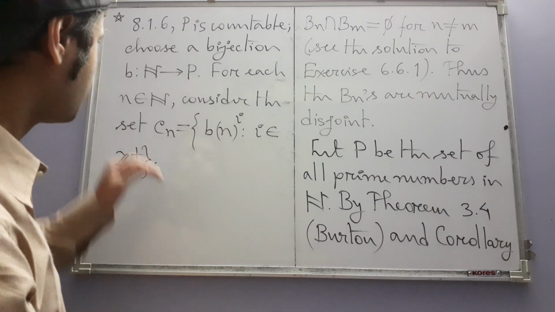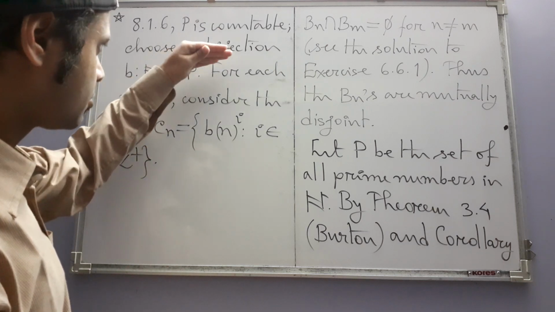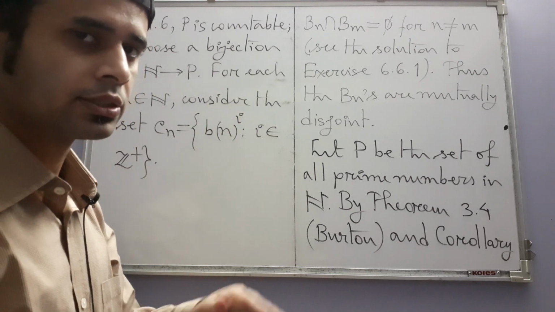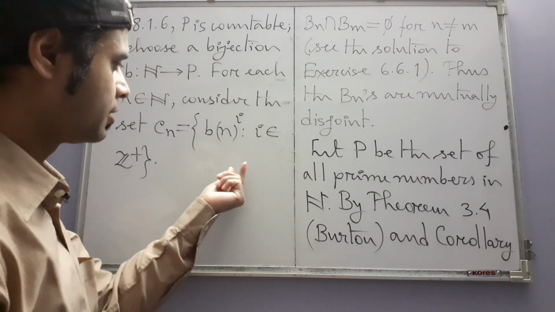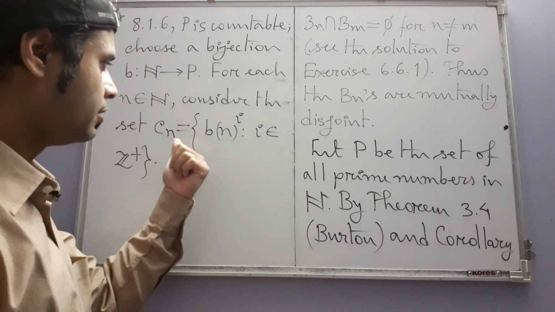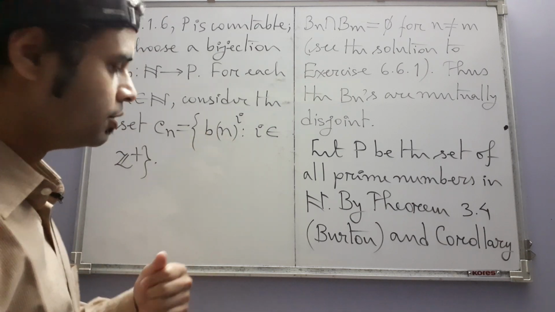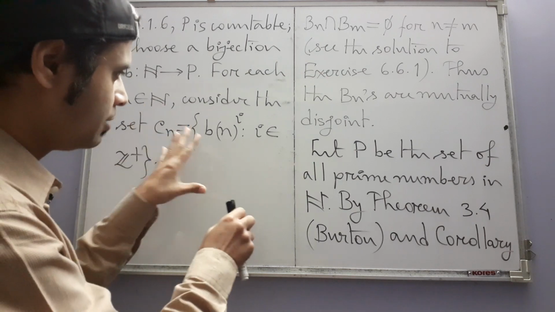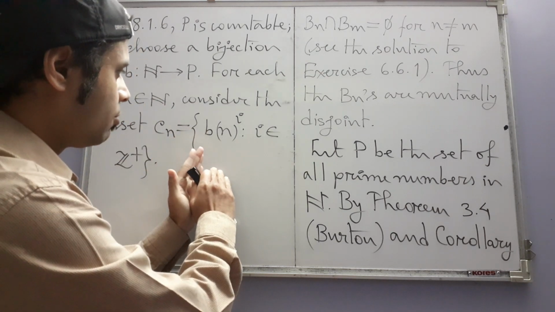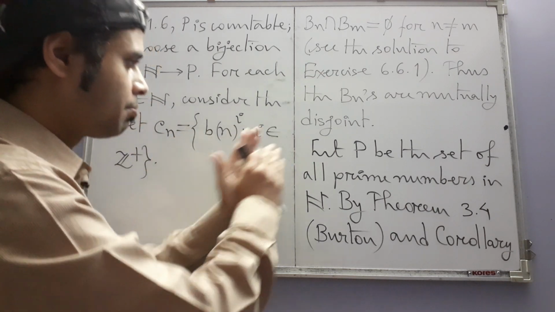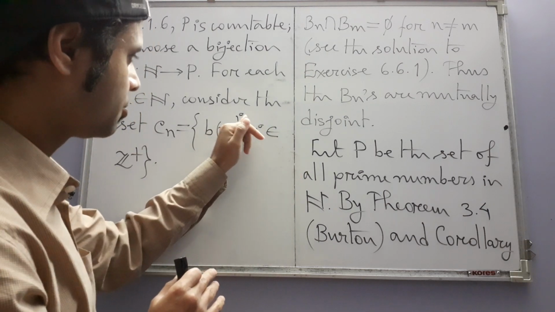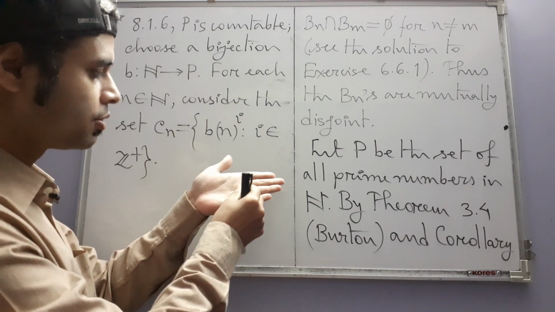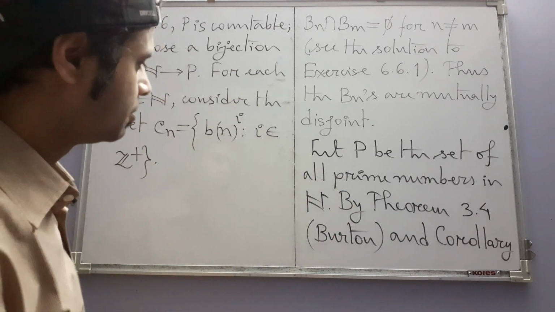But if this bijection B happens to list the primes in their natural order, that is how they appear on the number line, say the first prime is 2, then B of 0 would be 2. So C0 would then be, in that case, all the positive integral powers of 2, where the exponent is a positive integer. So precisely these numbers 2, 4, 8, 16 and so on.